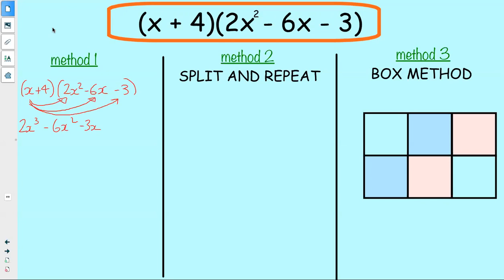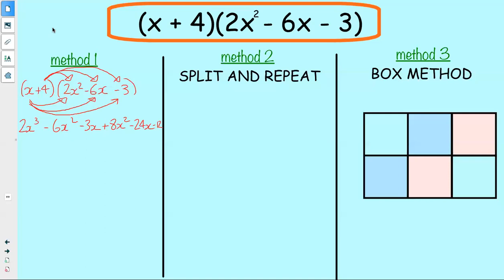And now we're going to take the 4 and we'll multiply by everything in the second bracket. So 4 multiplied by 2x squared is 8x squared. 4 multiplied by -6x is -24x. And 4 multiplied by -3 is -12.